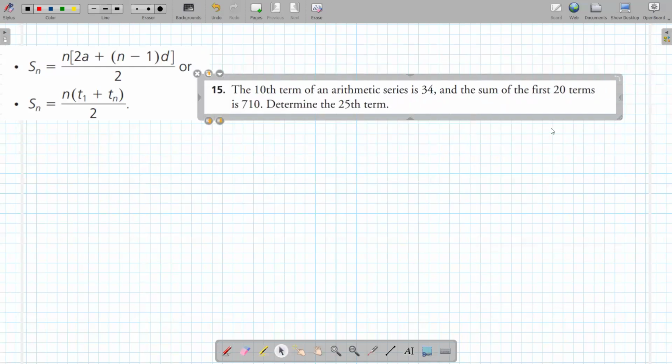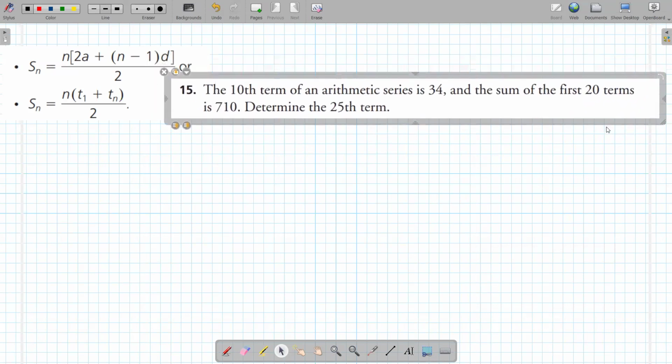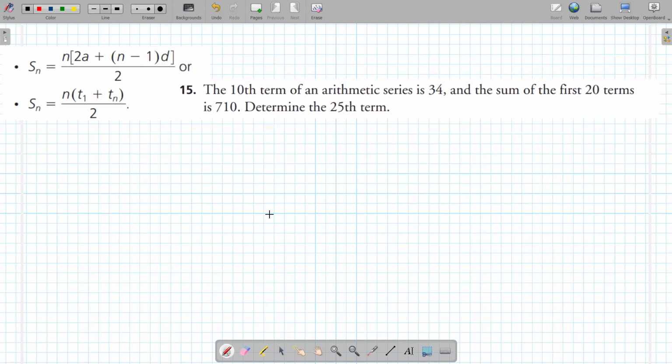Yeah, this one is going to be a little bit trickier. What we're given here is the 10th term of a series. So we're given T10, it's 34. What else are we given? S20.